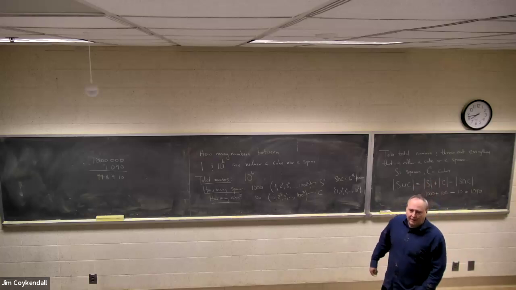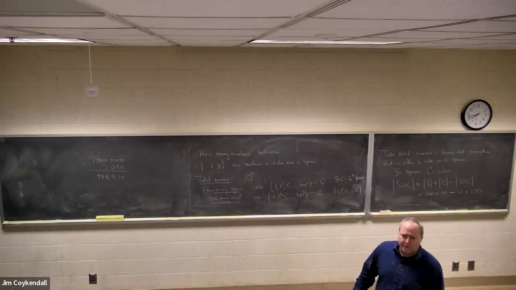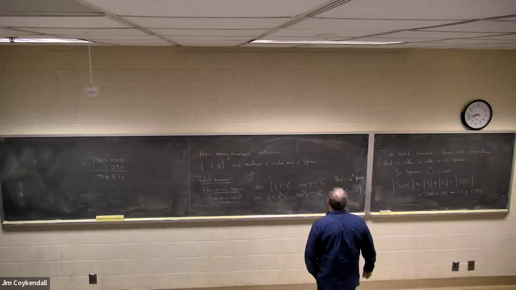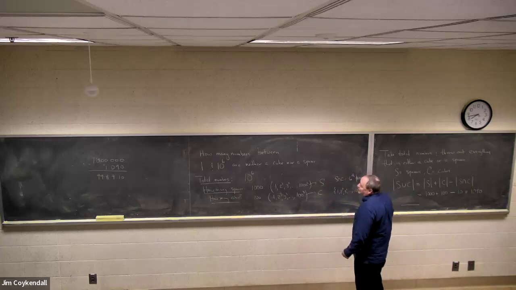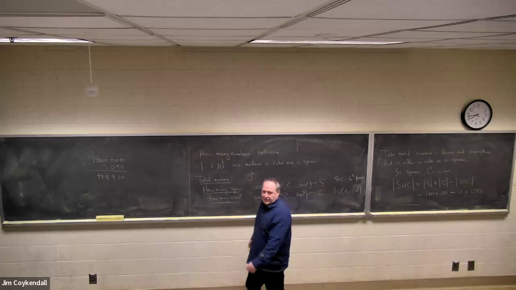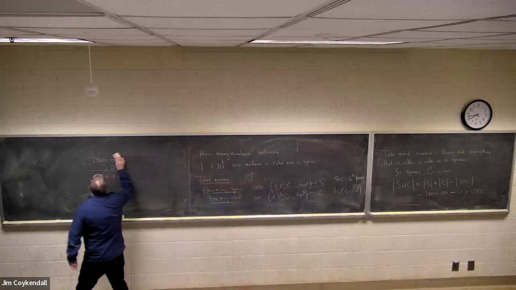How did you figure out that being both a square and a cube means a sixth power? Or did you just intuitively know that? Well, actually, it follows from unique factorization into primes.